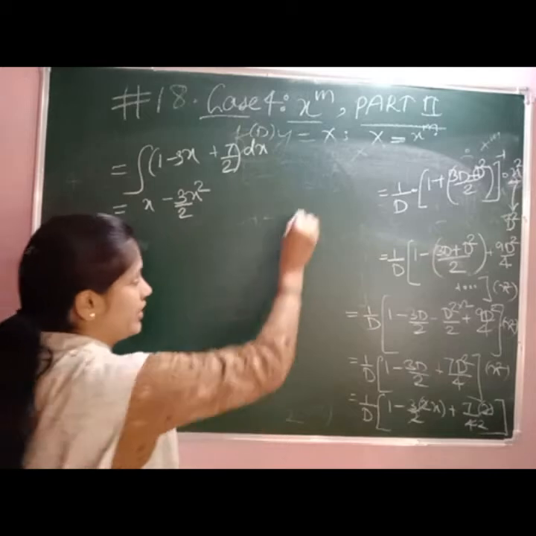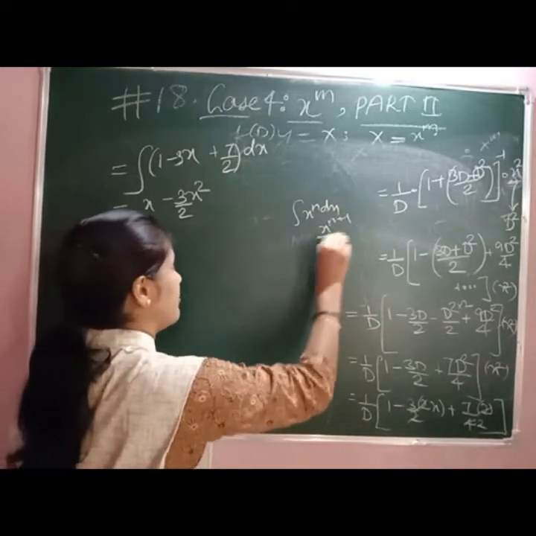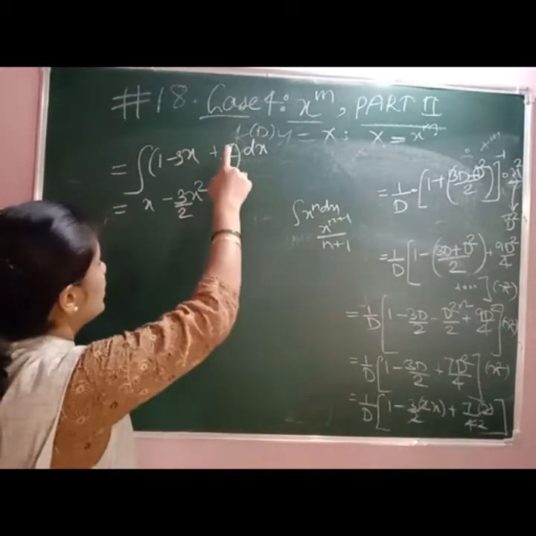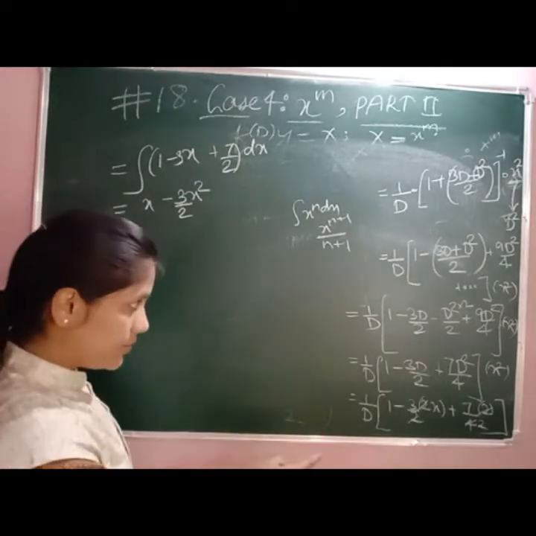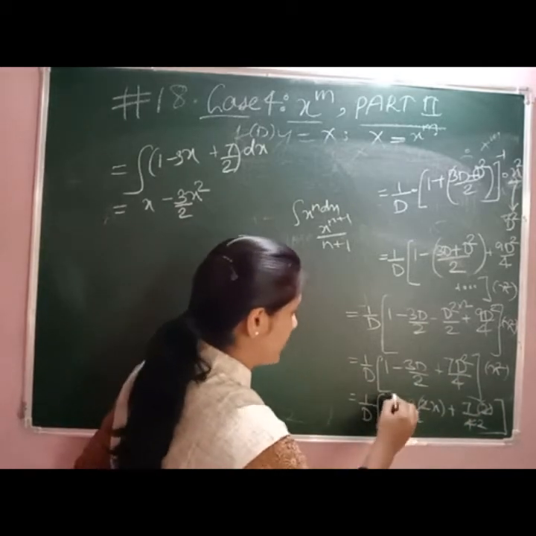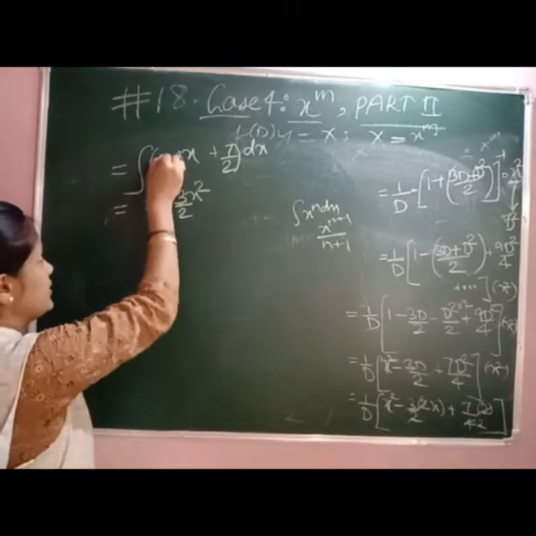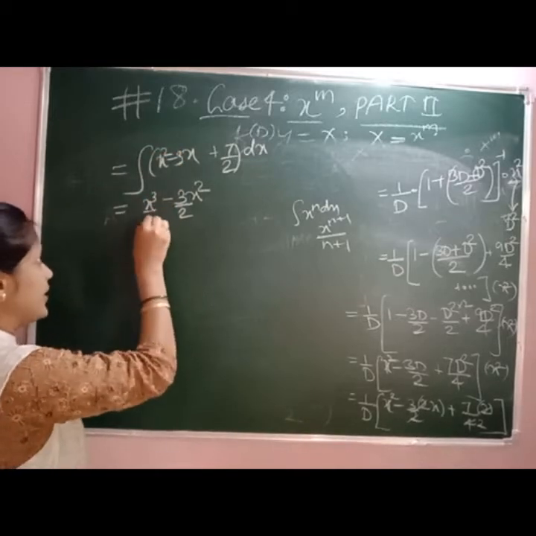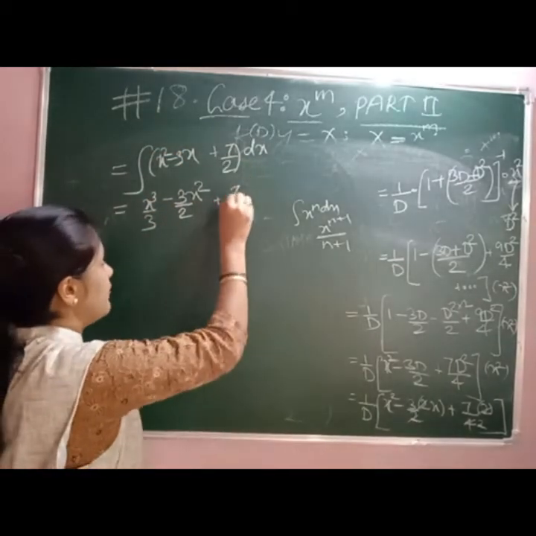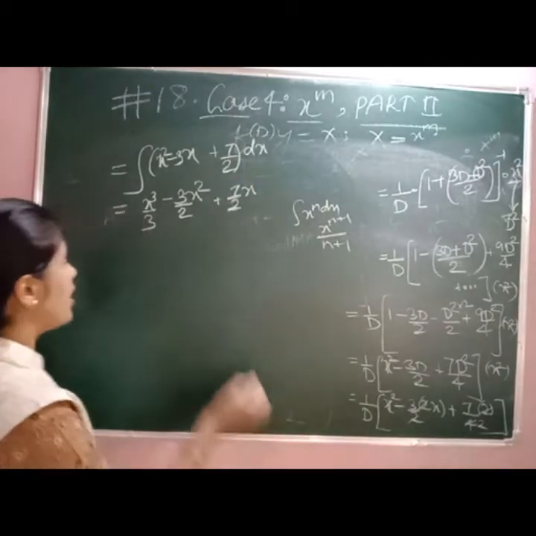The integration of x raised to n is x raised to n plus 1 by n plus 1. So the integration of x is x square by 2. And for x square, it is x cube by 3. And 7 by 2 dx gives plus 7 by 2 x. So this is our PI.